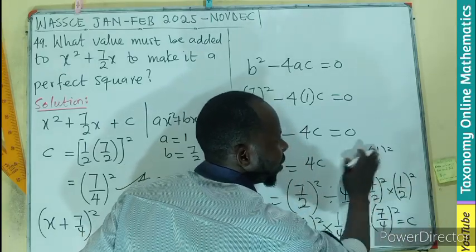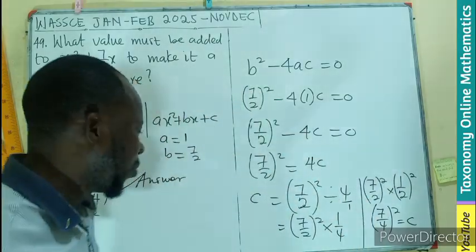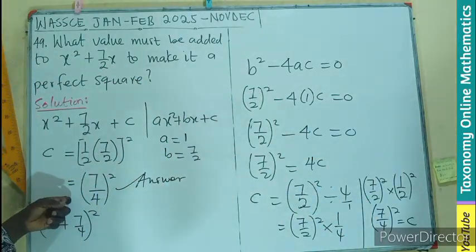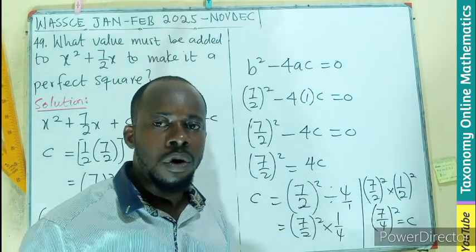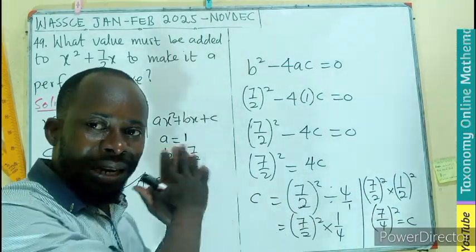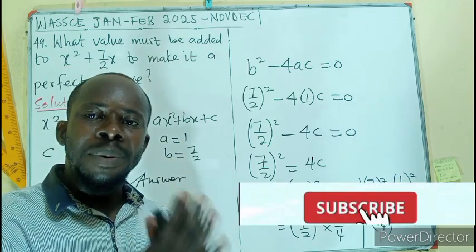So the value of c is (7/4) all squared. That is the value that, when added to this expression, will make it a perfect square.